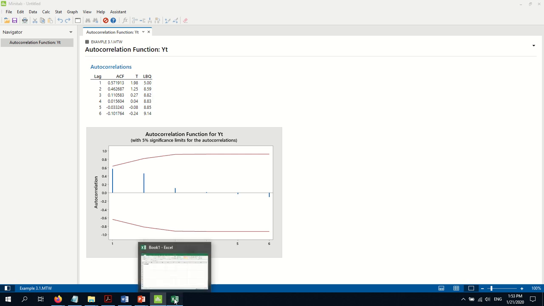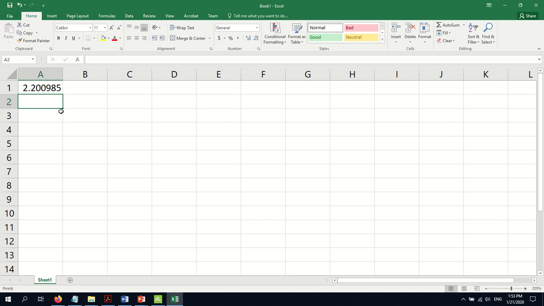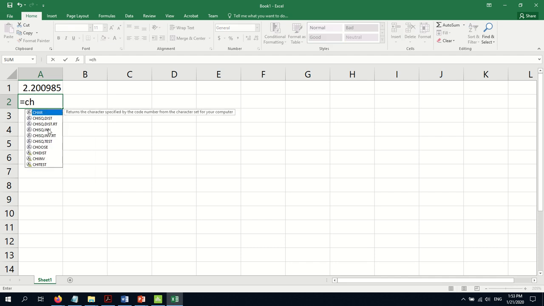So again, we use Excel to find the critical value following the chi-square distribution. We can use the Excel formula chi-square inverse. For probability, be careful: we still use alpha equals 0.05, but the region of rejection is only on the right end.